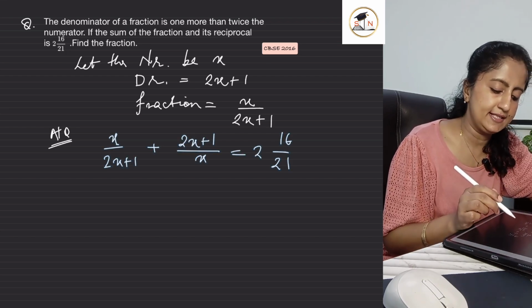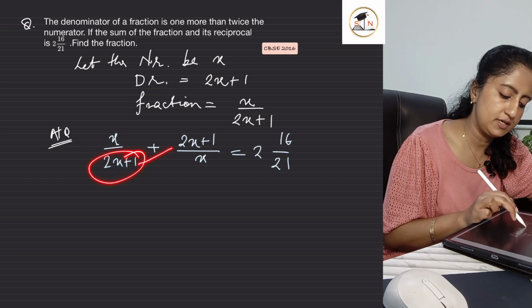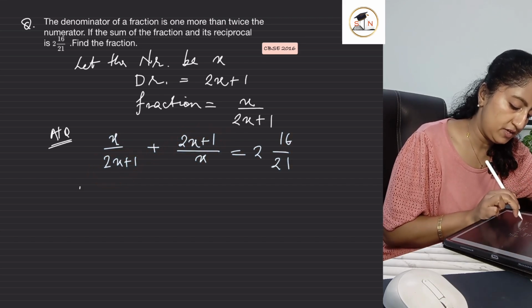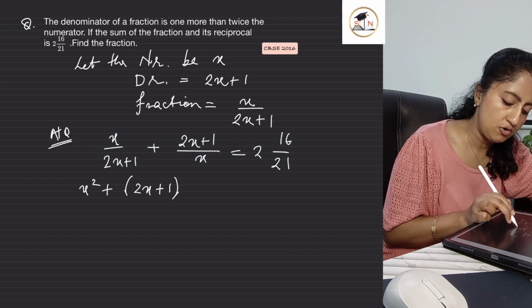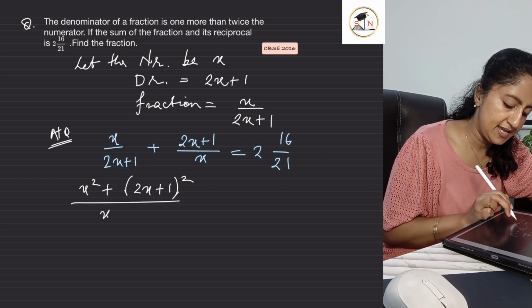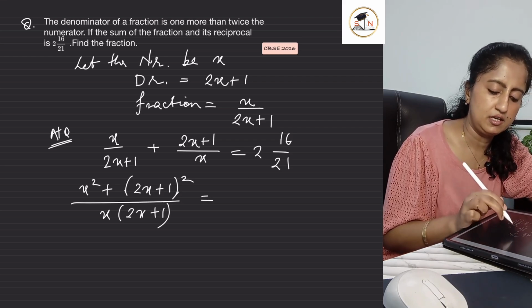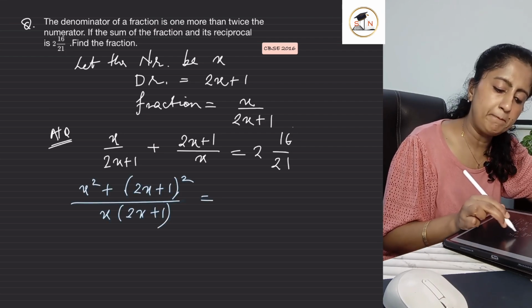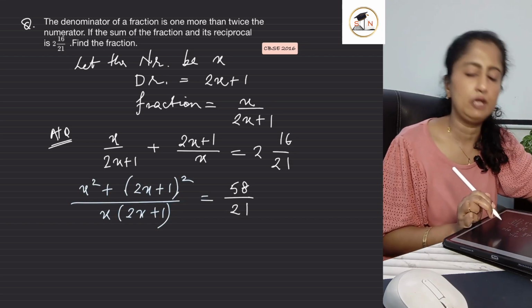So when we are taking the LCM on the left, x needs to be multiplied with x. 2x plus 1 needs to be multiplied with 2x plus 1. So let's start. We get x square plus (2x plus 1) whole square over x into 2x plus 1 equals. Now, 2 times 21 is 42. 42 plus 16 gives us 58 over 21.